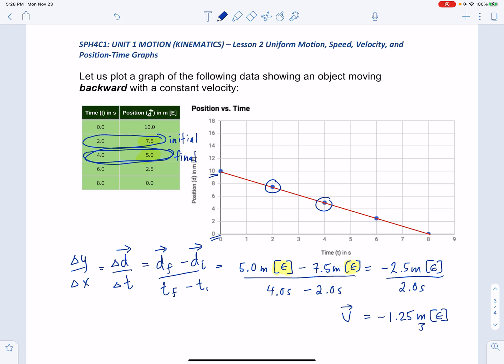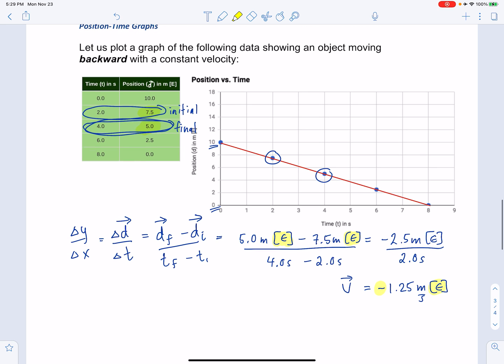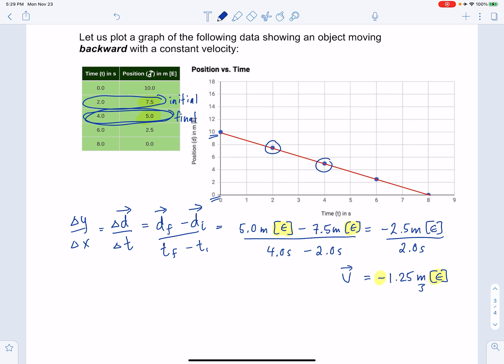Now, what does it mean when an object has a negative velocity? Well, a negative velocity means that it's traveling in the backward direction. Now, we can actually rewrite this. We can make this a positive. We have a negative sign here in the east direction, but you can change the direction of a vector by changing its sign.